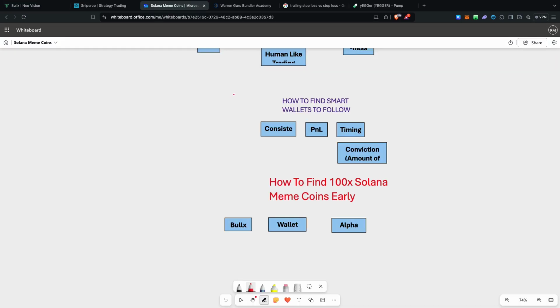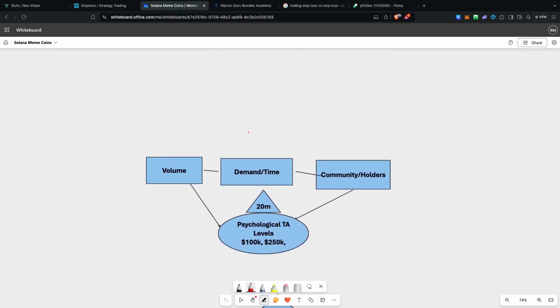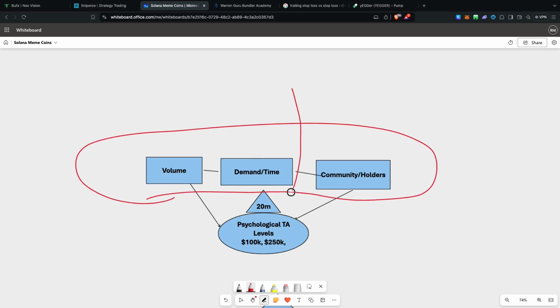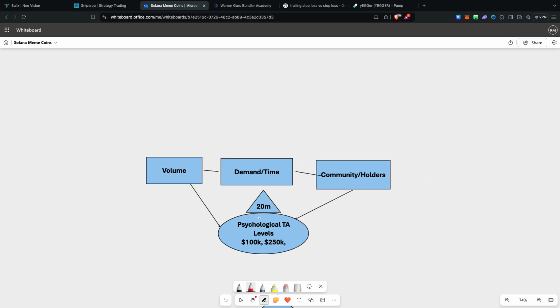The reason we're concentrating on these is that we are only looking for high volume and high demand trades. So we are concentrating on volume and time, and also dealing with a little bit of psychological levels. Mostly, what I am interested in is high volume.